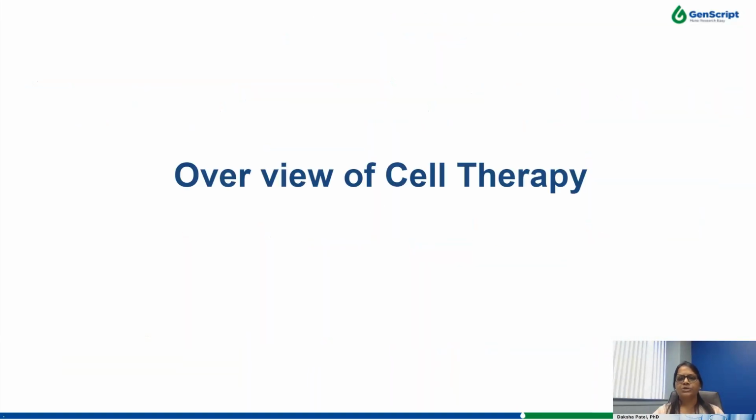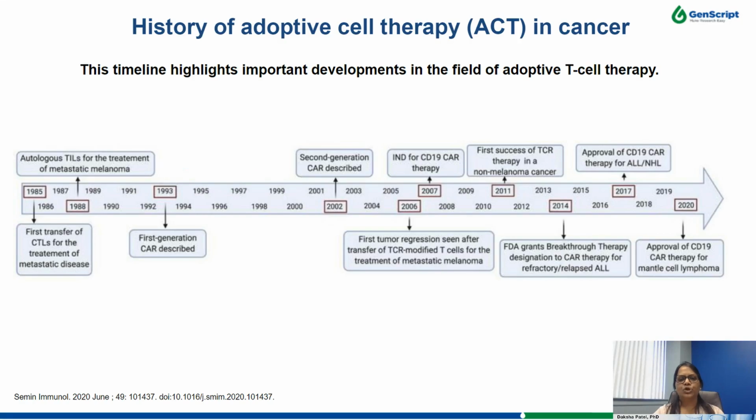So after the brief introduction about the company, next I would like to give you some overview of the cell therapy field, its history, and current status. The first observation that the immune system plays a role in anti-tumor activity is attributed to Dr. Coley in 1890.